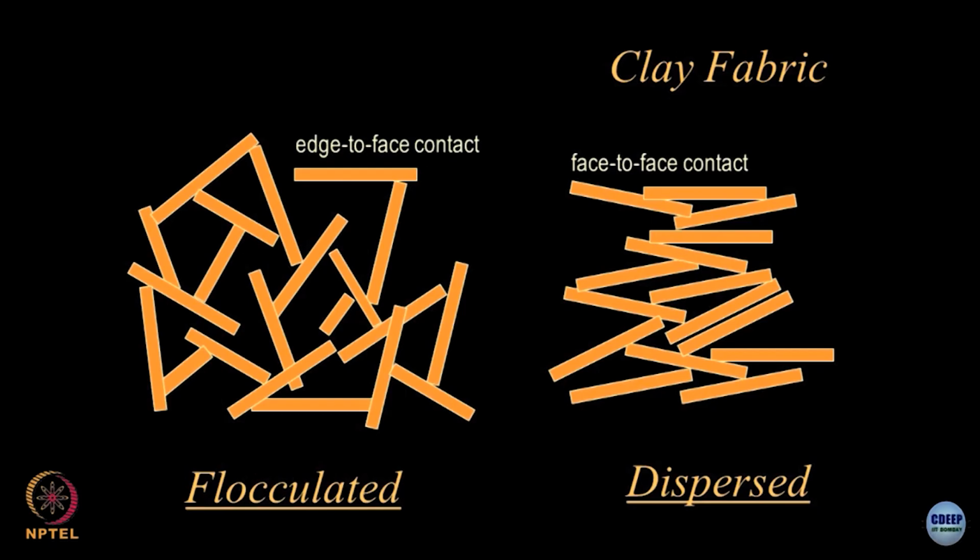You must have heard about the card pack house structures. The moment you take a card structure, you press it from both sides, compact it a bit, all the plates become aligned. This is what is known as a dispersed structure, face to face contact. So face is in touch with another face, porosity is less as compared to the initial status.